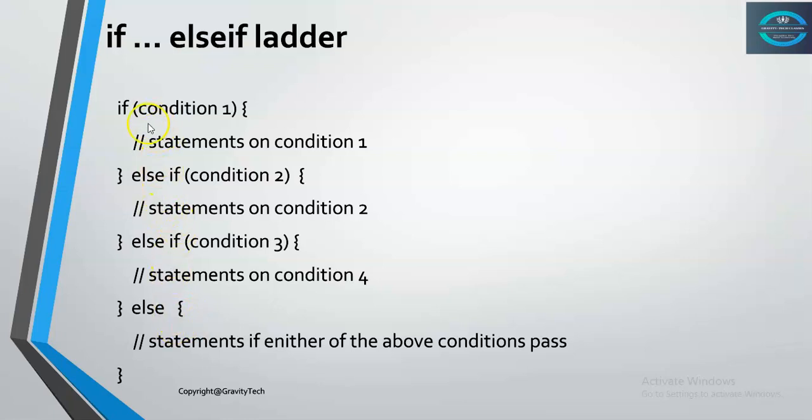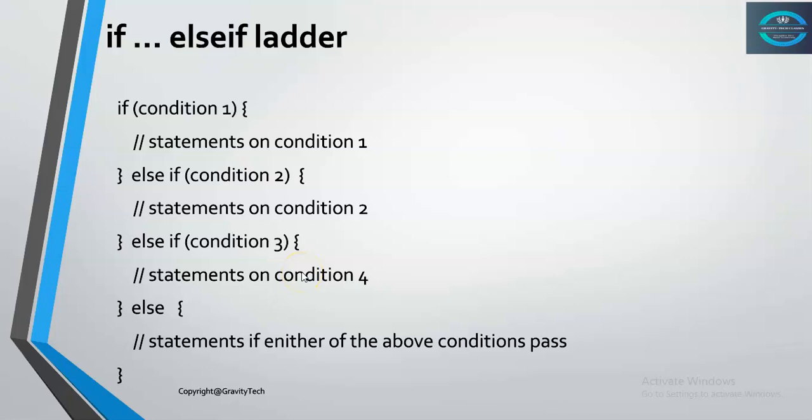You have this option, this option, this option, this option. Among these, only one option will be selected when you are executing the if ladder. As soon as one of the controlling conditions, condition 1, condition 2, condition 3, comes true, it will go into that particular block and execute it.